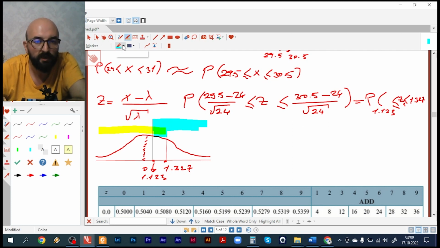So you should find the range of this area, the interval of this area.